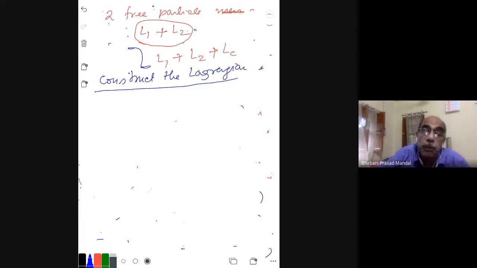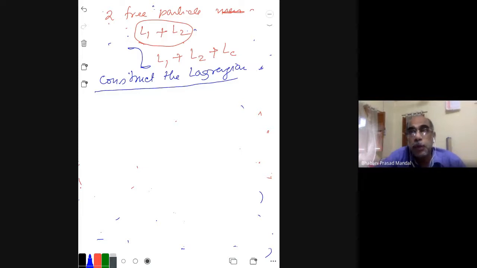You have studied the Kepler problem. For central force, the potential does not depend on the angular variable theta. If the potential is only a function of r, then it is called a central force.